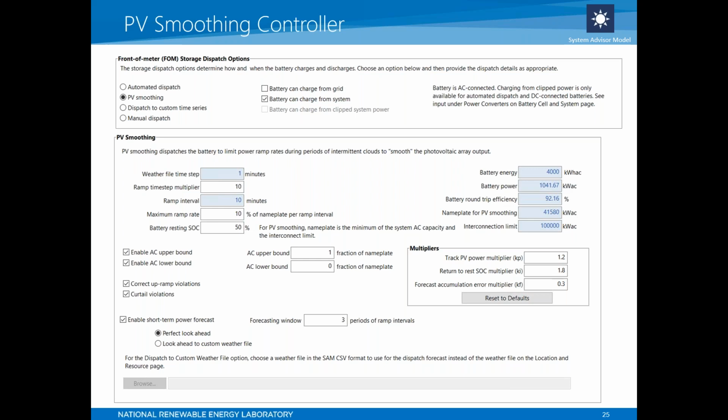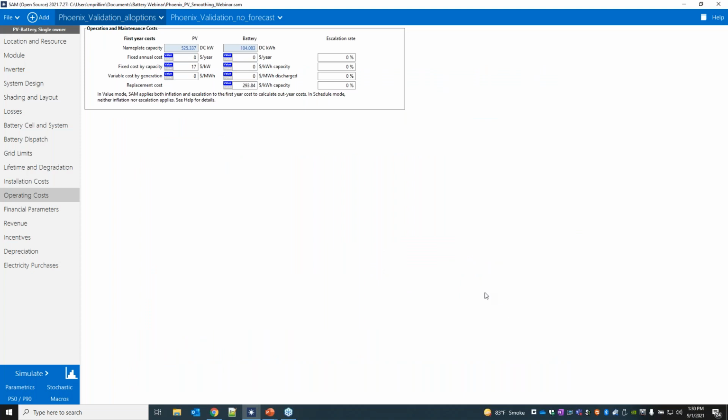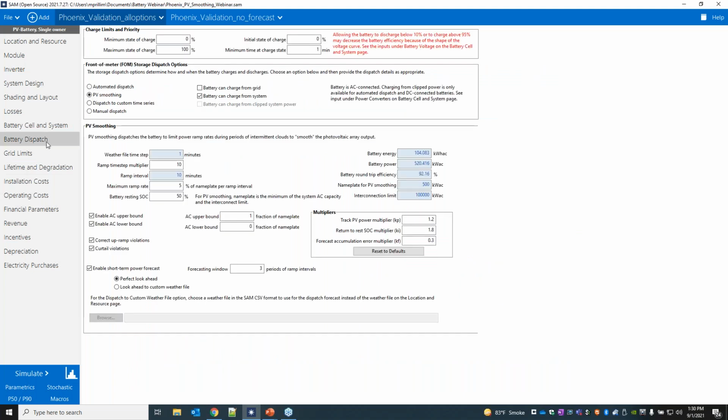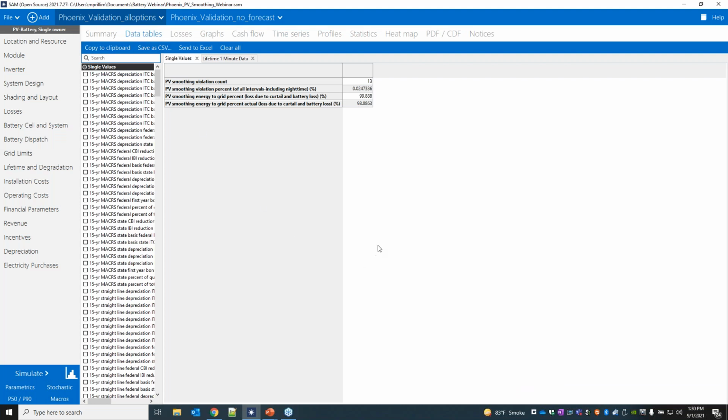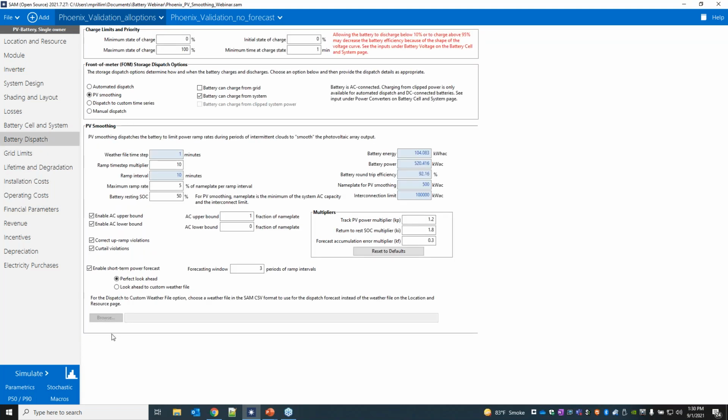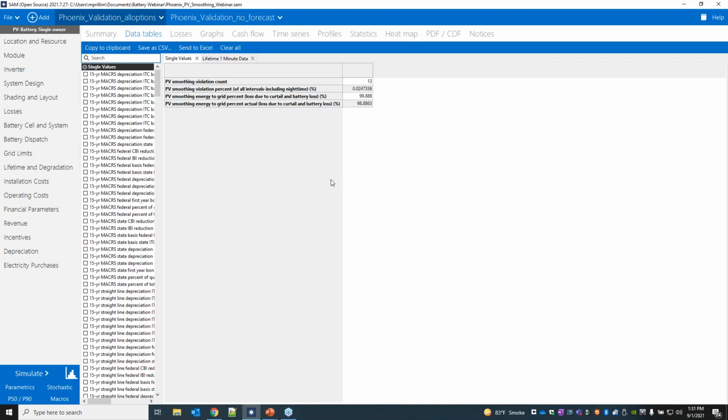We'd also like to show some of the new outputs associated with this controller in SAM. So these are 1-minute weather files, so they can be a little bit slow to run, so we ran them ahead of time. First, we'll show an example output with a forecast. So given the constraints provided on the PV smoothing page, with the forecast, this particular system, which I think has about 0.2 of an hour of storage, it has 13 violations of that 5% per nameplate ramp rate interval.